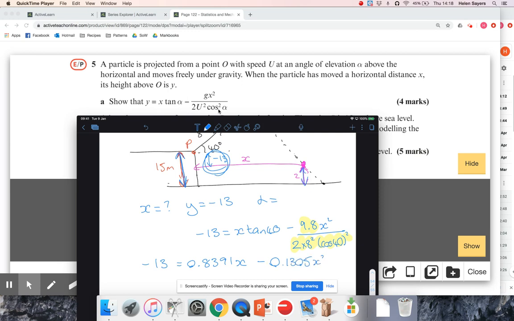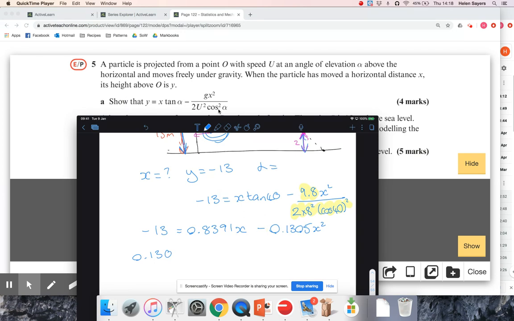0.1305 X squared. And I don't really care that that looks quite nasty because I'm just going to put it into my calculator. So I'm going to add everything over to the left-hand side, and scroll up so you can see it. Okay, so I'm just going to quadratic solve mode in my calculator, keeping my fingers crossed we get the right answer.